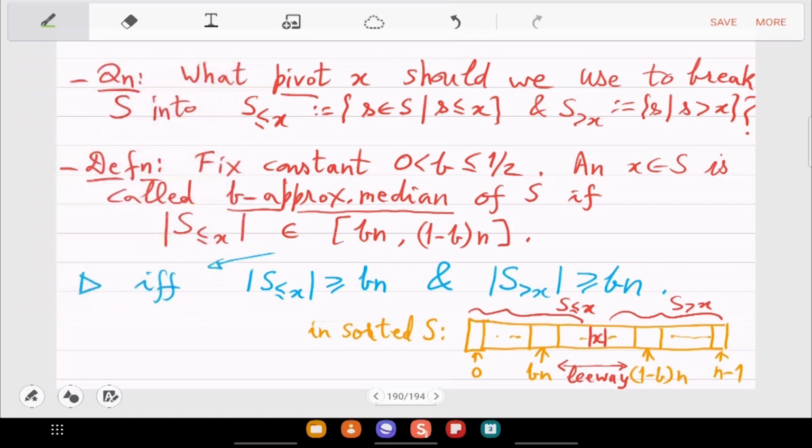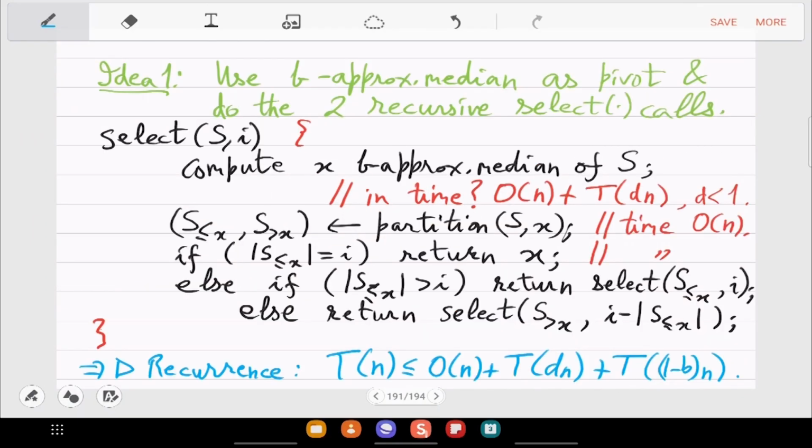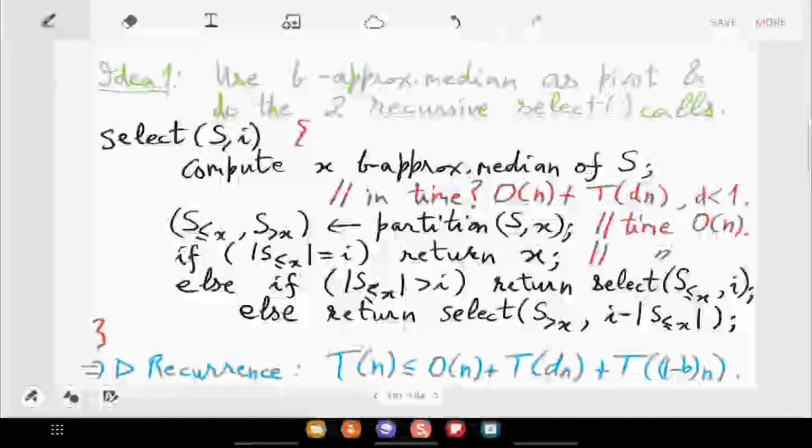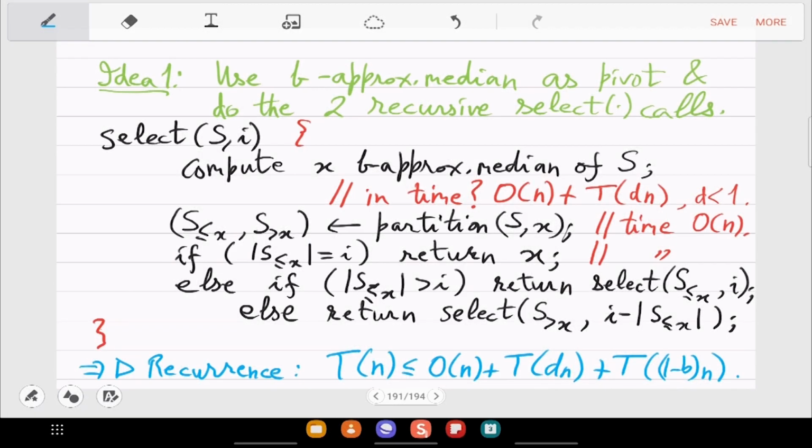Once we have a way to find this pivot, we have written the pseudocode. Assuming that you have this x, a b-approximate median, by some simpler algorithm, it will basically be a recursive algorithm where we'll just make one call. That one call will be against some fractional part of n, so it will be order n plus T of d times n.